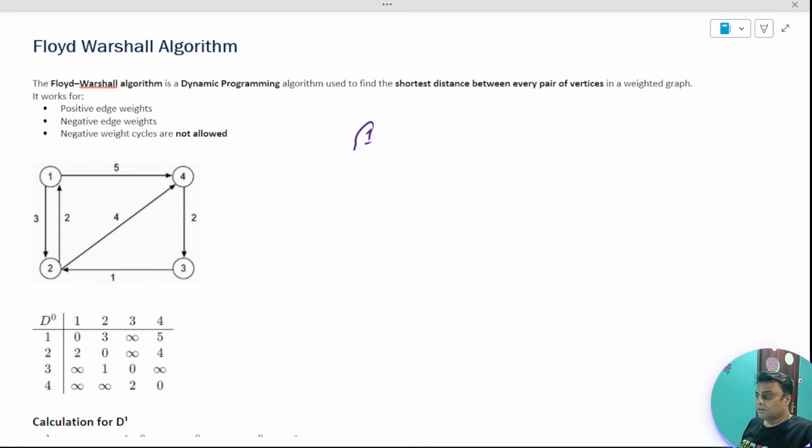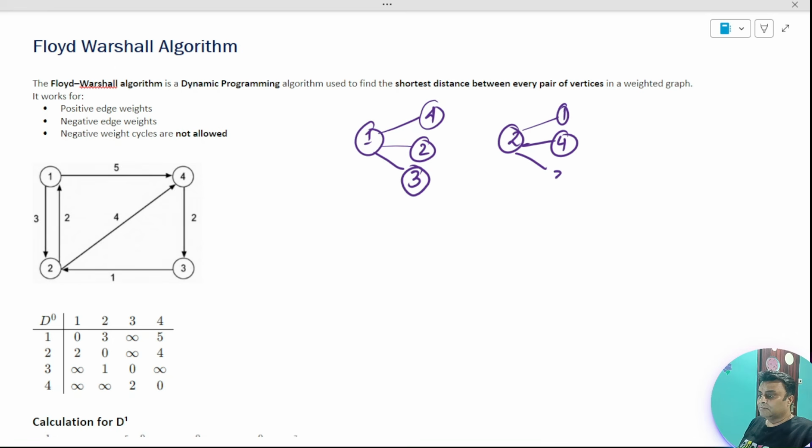That means from 1, I can actually do a single source shortest path algorithm to 4, to 2, and to 3. This is from 1 I can do that, right? Similarly, from let's say 2, I can go to 1, 4, and 3.